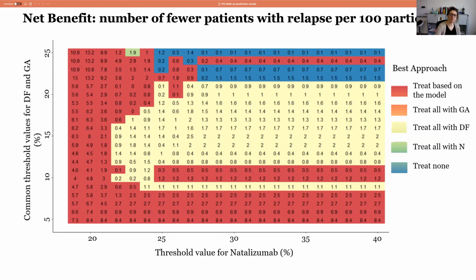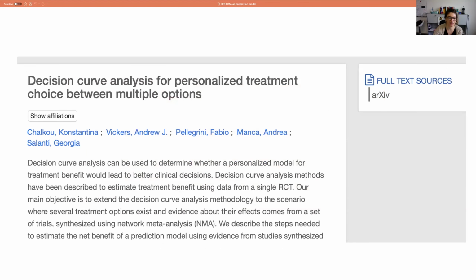So my conclusion from that is similar to what I told you before, that maybe the model needs to improve before we advocate further application in clinical practice and further considerations. And you can find some more details about that in an arXiv submitted paper.